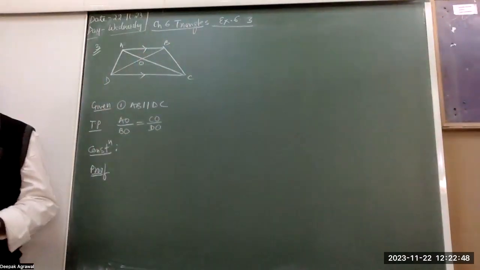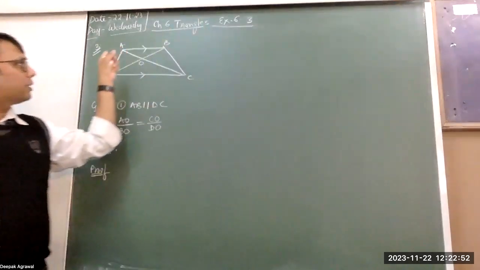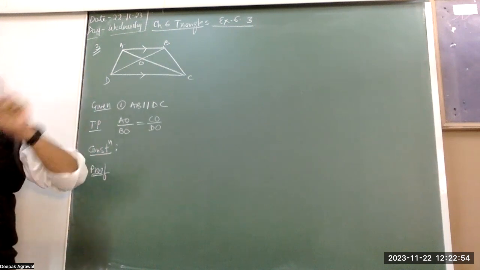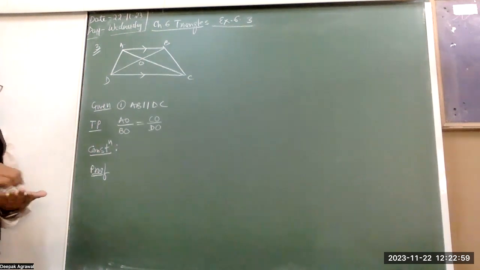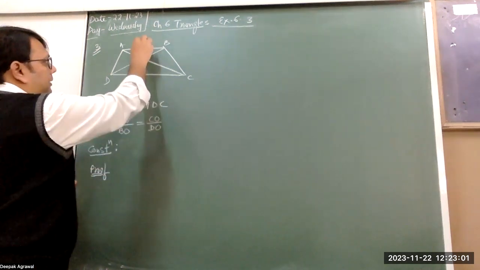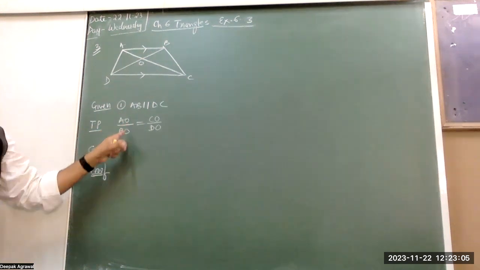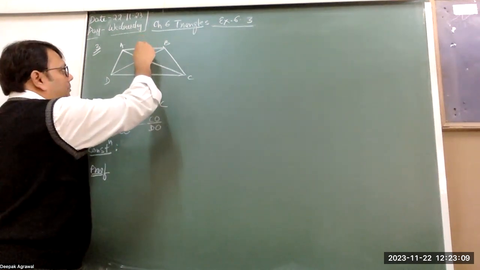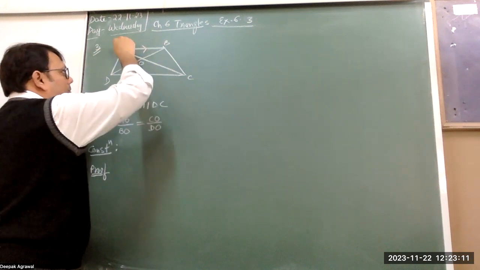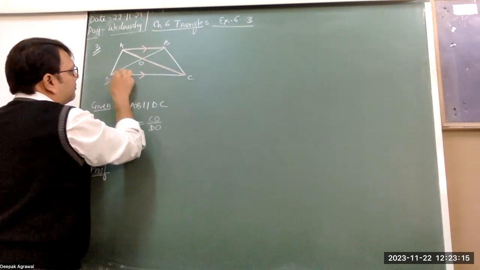So this same question is being given again in next exercise 6.3, and that is question number 3. But this time we are not going to use BPT in solving this question. So what are we given? That AB and DC are parallel, and this is what we are supposed to prove. If these two lines are parallel, then this becomes a transversal. Am I right?